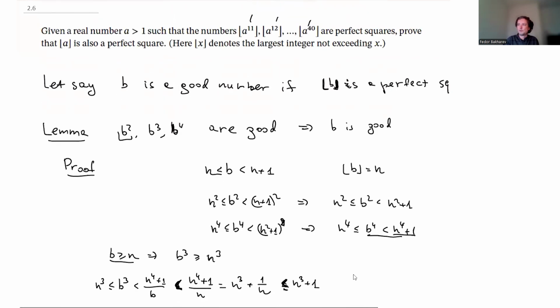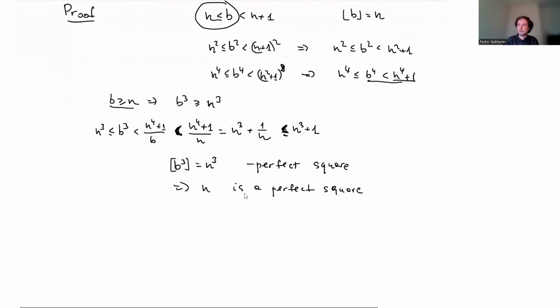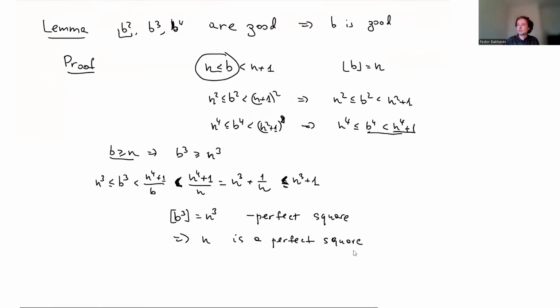And that's it, we proved the lemma, because n is the integer part of b. So we proved that it should be a perfect square. So these are the main ideas behind this lemma.